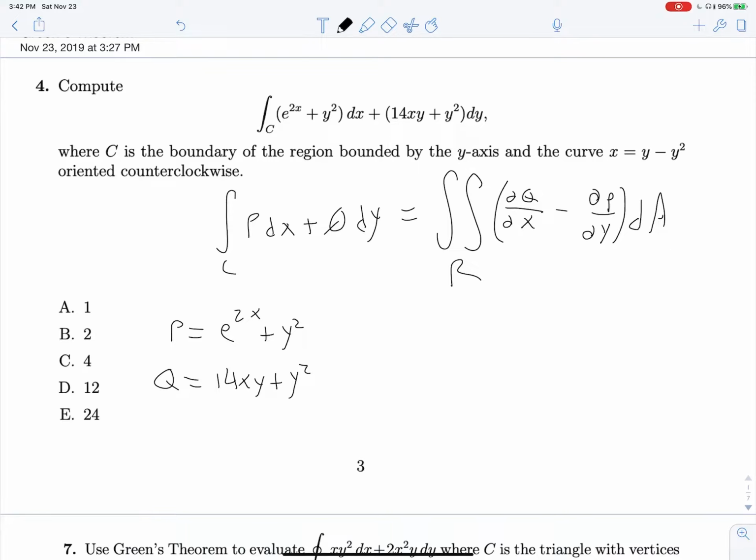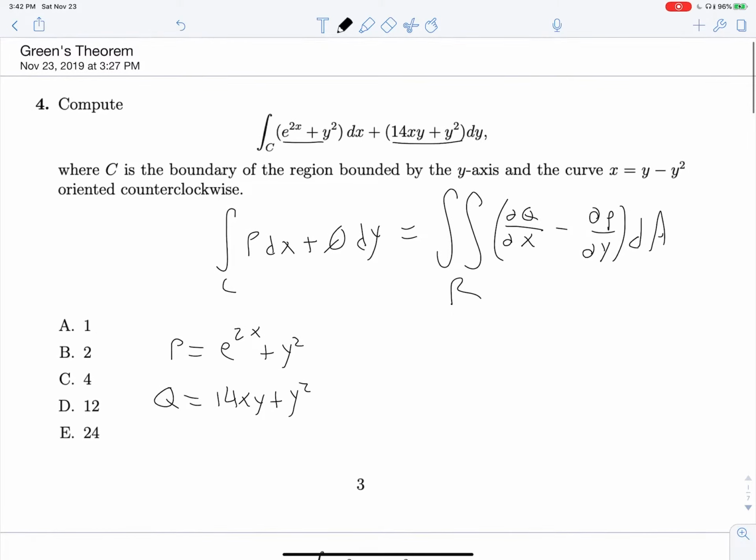But more importantly than that, it will be much easier if we're able to take the derivative of this guy here with respect to y and this guy here with respect to x, because as you'll see, we'll end up with like terms that we can simplify down.